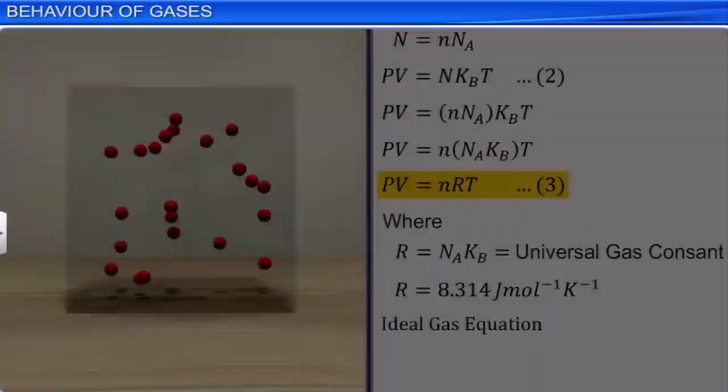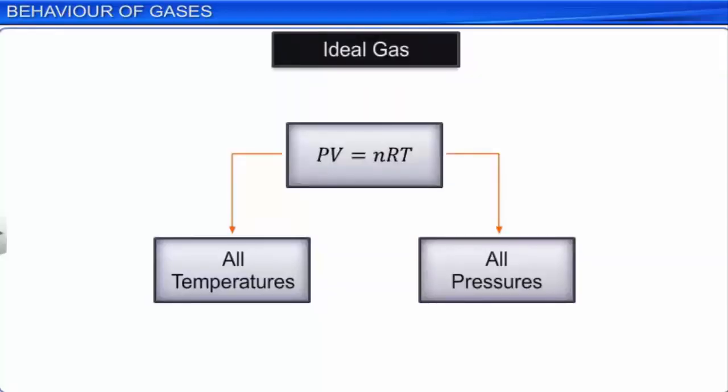A gas that satisfies the ideal gas equation at all temperatures and pressures is defined as an ideal gas. The concept of an ideal gas is merely a theoretical concept. In practice, there is no ideal gas.